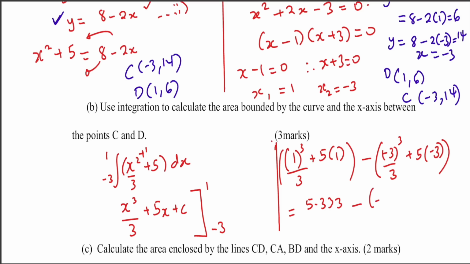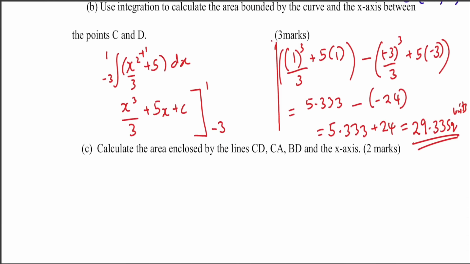So the other one gives me negative 24, but the negative changes to become positive, so positive 24. So you're just calculating, and your answer should be 29.33 square units. It's very important for you to write the units. So square units. Now, we got the answer.